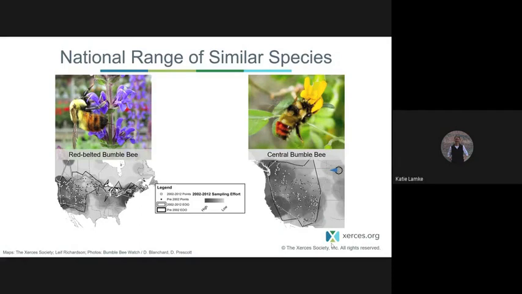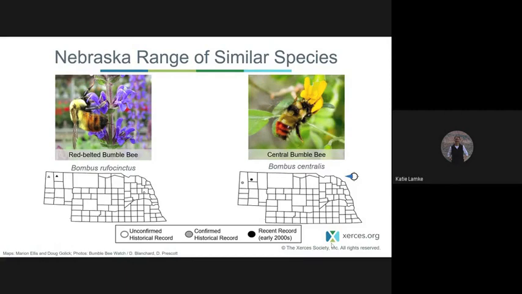The central, again, is a western species that likely occurs out in the panhandle, and the red-belted bumblebee is more of a northern/western species. Looking at the states for these two, they've both only been collected up in the northwestern part of Nebraska. But again, that could be a result of our sampling effort, and that not a lot of people have been out searching for some of these bees. So that could change after the atlas.